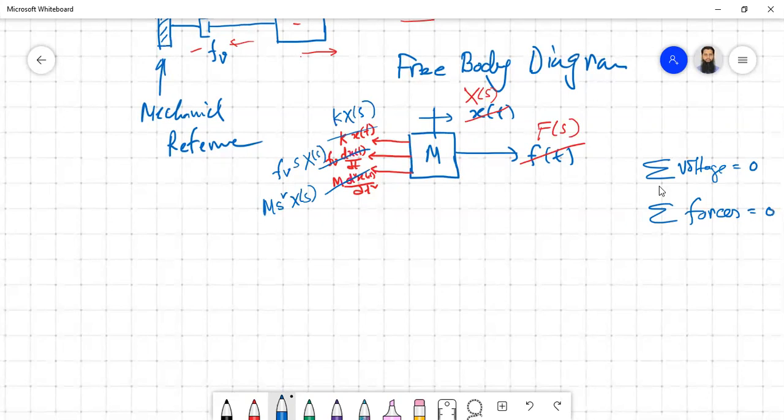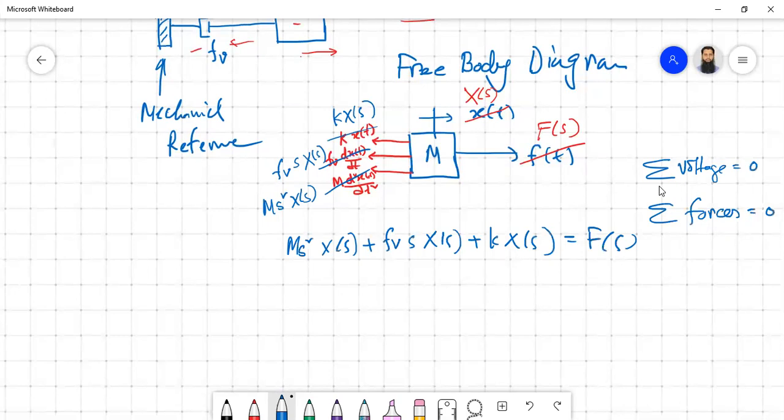So if you apply that formula from the Laplace one, then what do you get? m s square X(s) plus fv s X(s) plus k X(s) equals F(s). So the applied force equals the absorbed force. Okay, so now take common, it is an algebraic equation: (m s square plus fv s plus k) X(s) equals F(s).